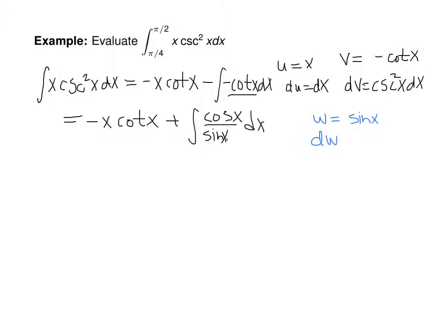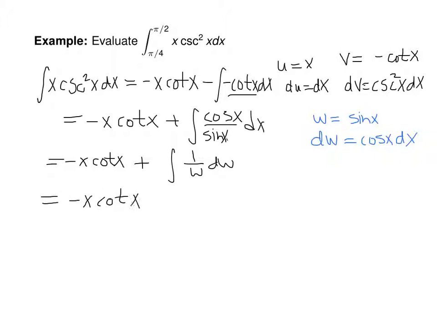So dw is equal to cosine x dx. So we have negative x cotangent x plus the integral of 1 over w dw. So negative x cotangent x plus ln absolute value of w, which is sine of x.